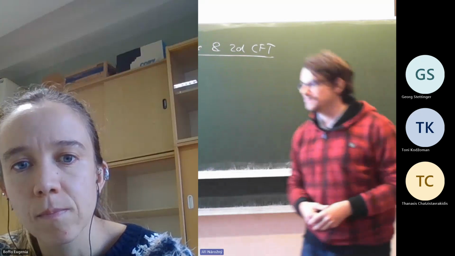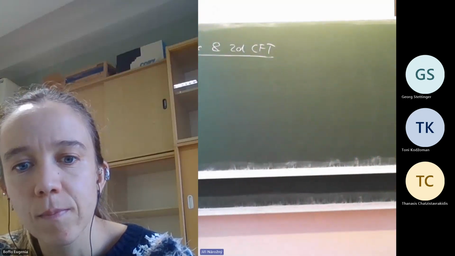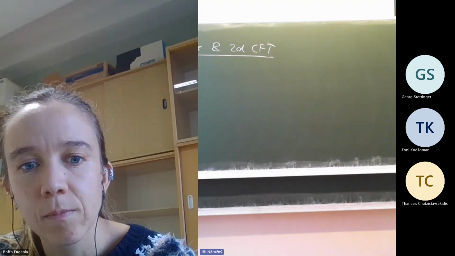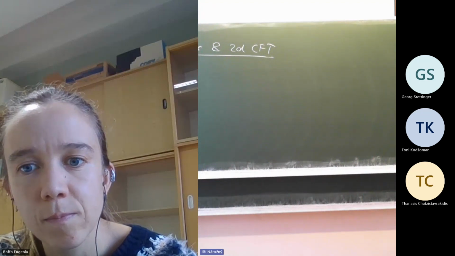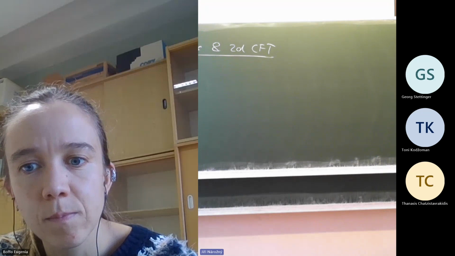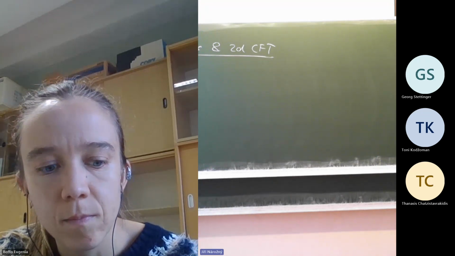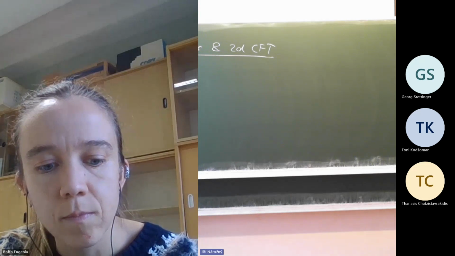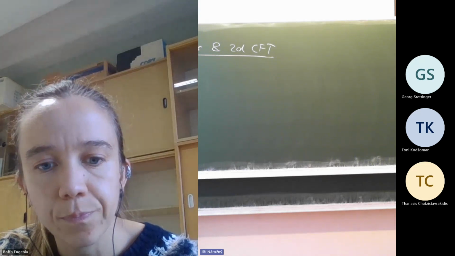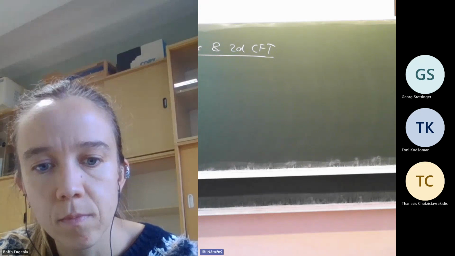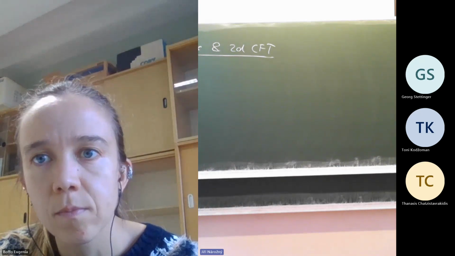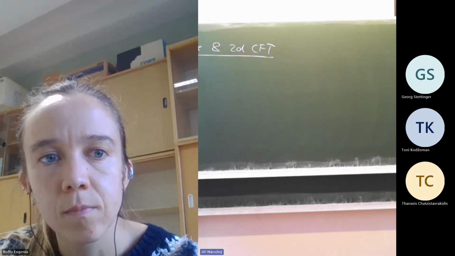Yes, thanks for inviting me. So I want to talk about the equations in two-dimensional conformal theory. From a math perspective, you can also rephrase it as some aspects of representation theory of the Virasoro algebra, the main symmetry algebra.